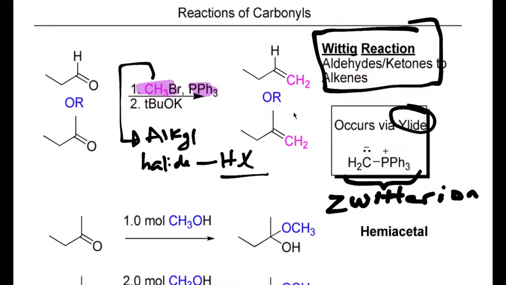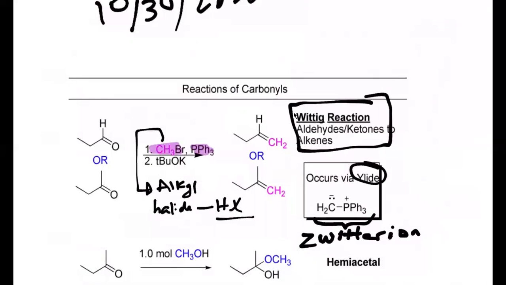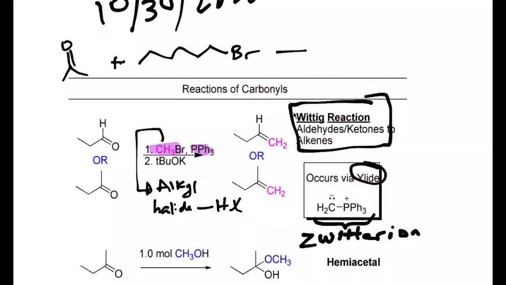And so the carbon that's bonded to the halogen, that's the carbon that's going to replace oxygen. So let me show you. I'll give you an example. If I had an alkyl halide that looked like this, where it had six carbons, and I reacted this with, I'm just going to do acetone, and then PPh3, and then a base.